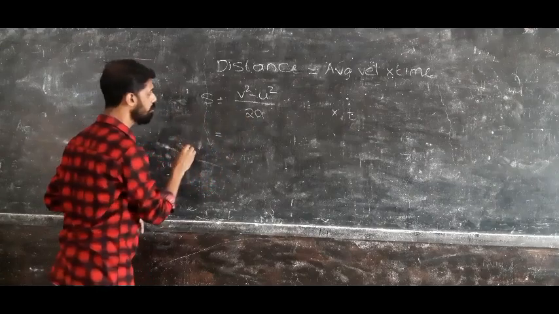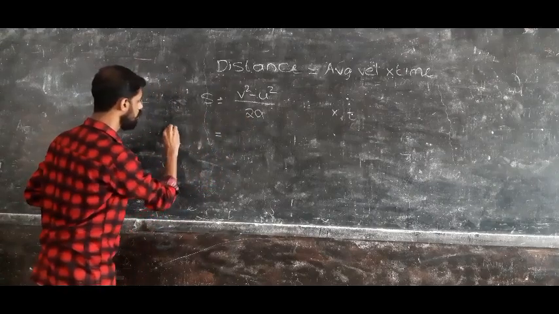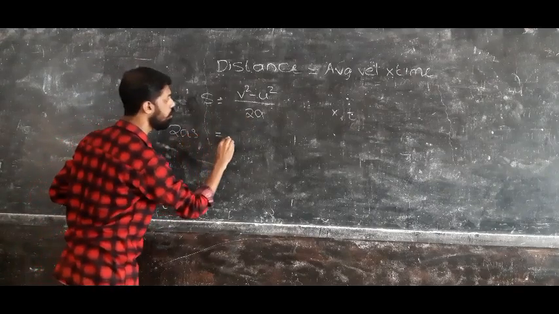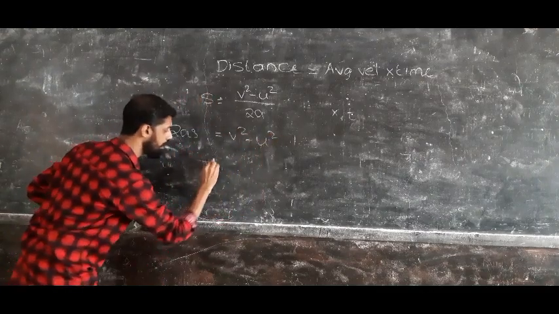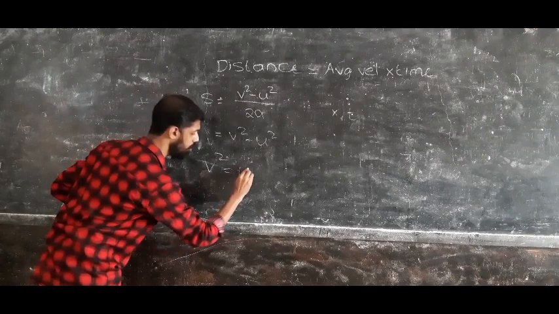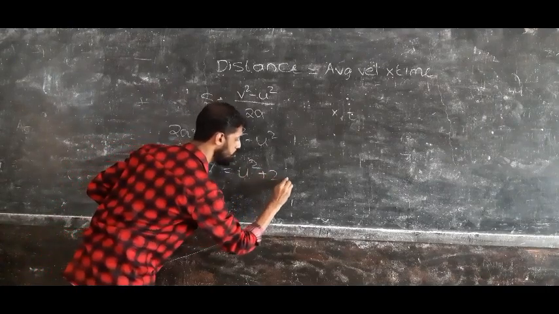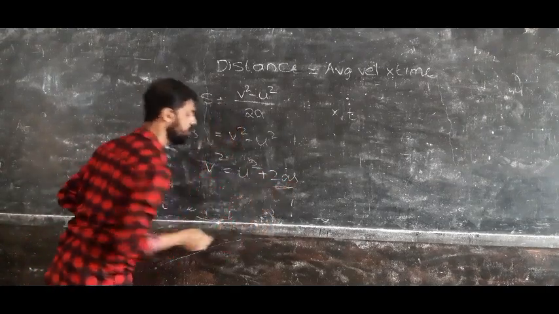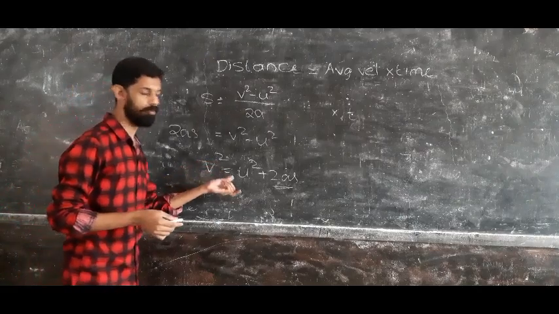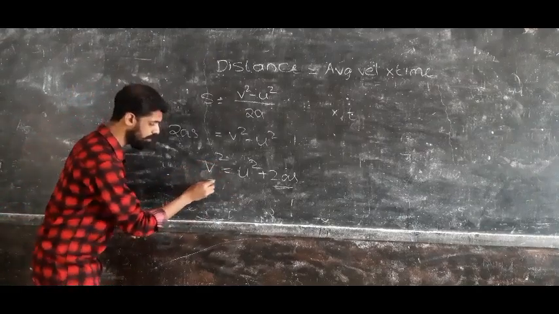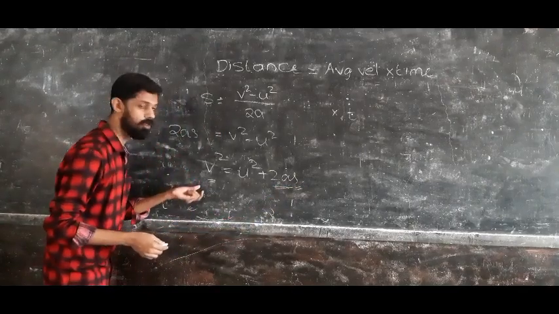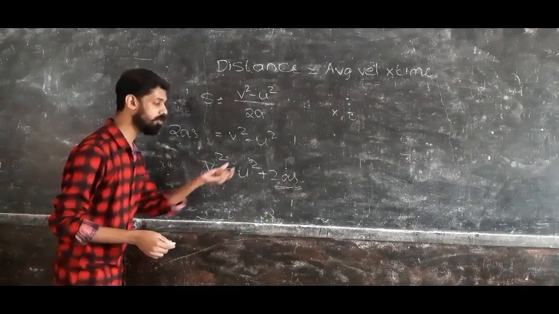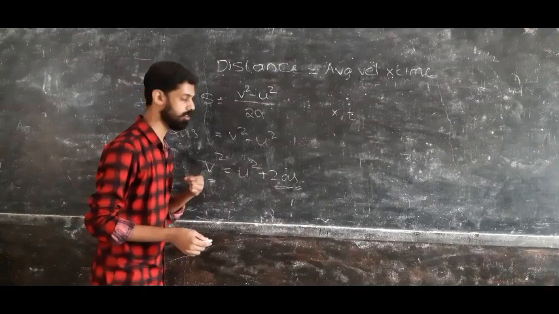Bring 2a to this side: 2as is equal to v square minus u square. So v square equal to u square plus 2as. This is the third equation of motion. First letter is v, last letter is s, so this equation is known as the velocity displacement equation.